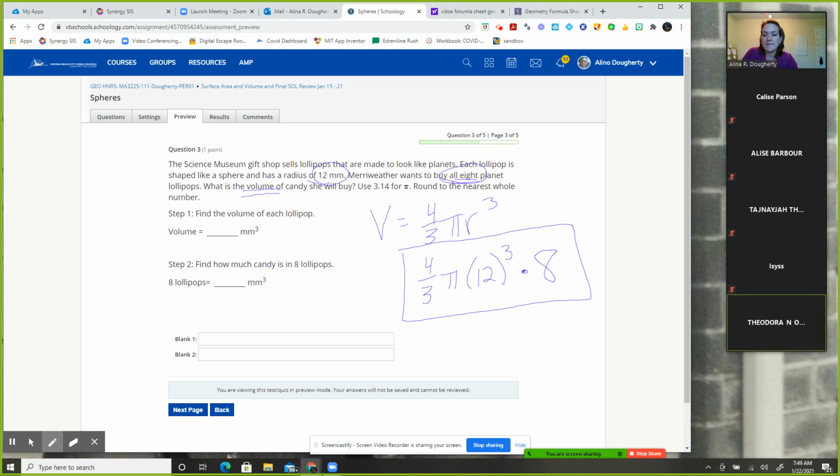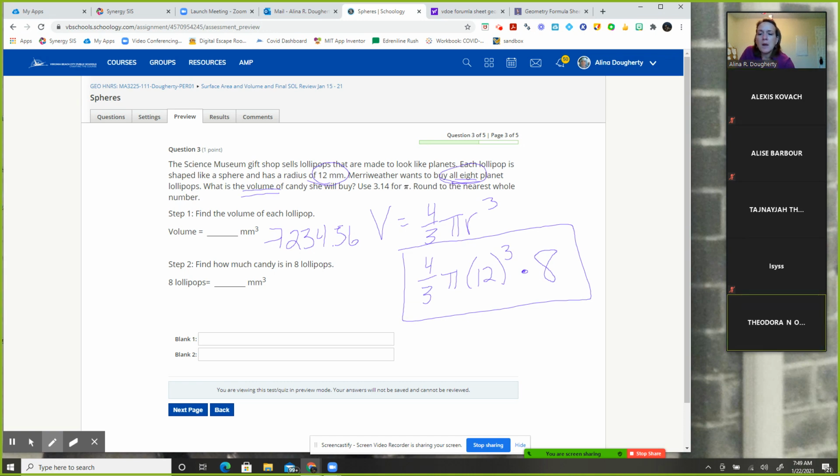There's where the problem came up because I had the volume and I got that correct. But then when you multiply by 8, and I did it a bunch of times in the calculator, and still got the same number, it's saying that's wrong. So did you get 7,234.56 for the volume?